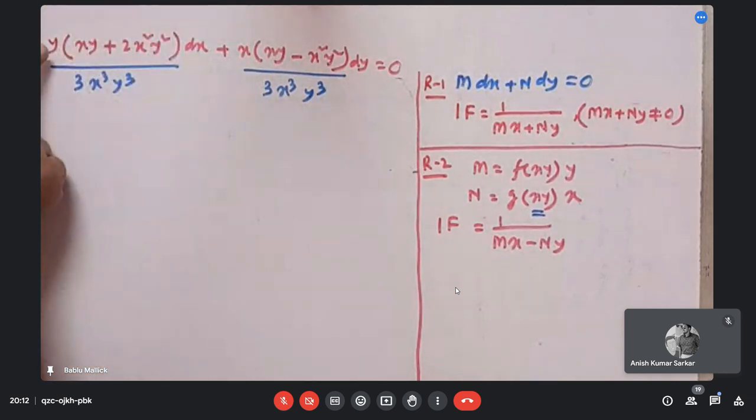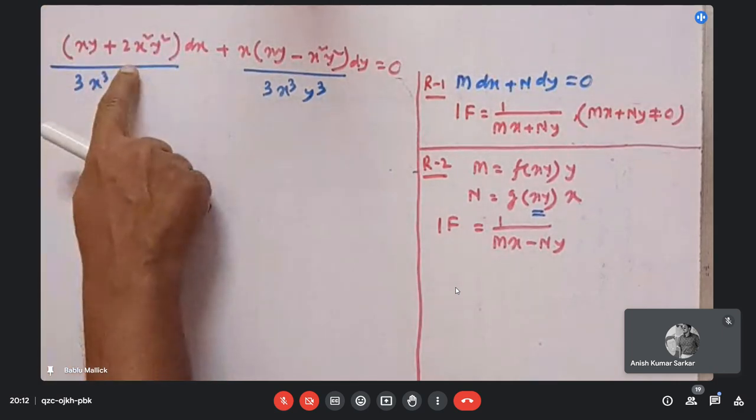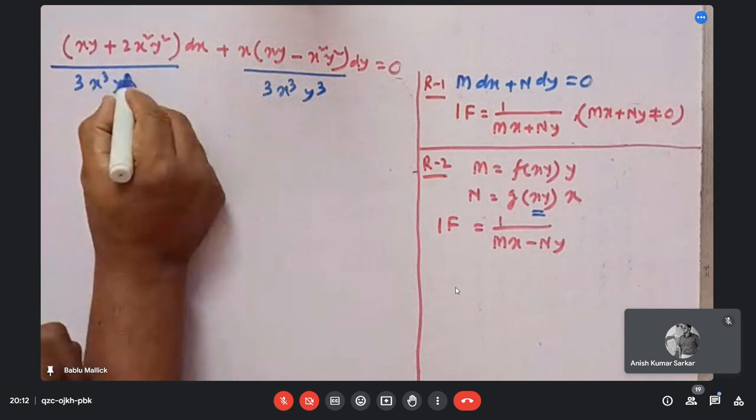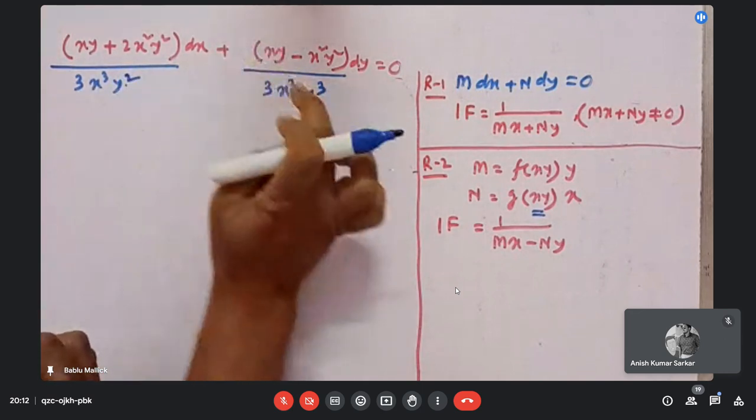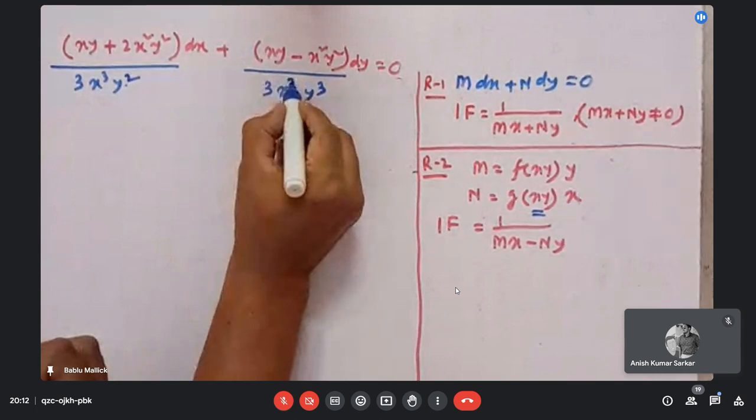Look, we shall cancel first y, so here we will get y². Here if we cancel one x, then it will be x².